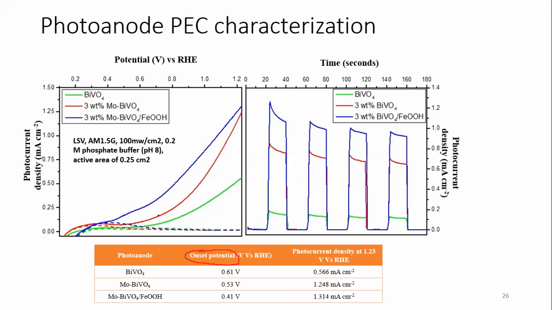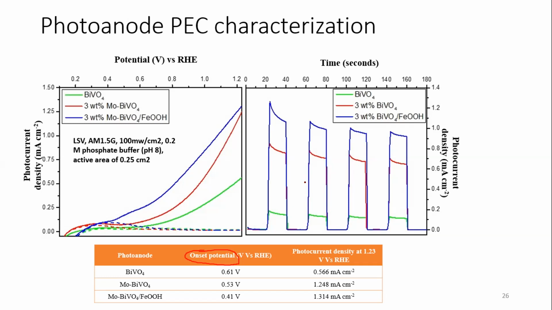Improved conductivity means more charge carriers and more transport of charge carriers, so that brings the onset potential more cathodic, even better than the bare bismuth vanadium oxide. When we add the co-catalyst, it shifts the onset potential even further to the cathodic side compared to the doped one. That means we get more photocurrent even at lower bias.